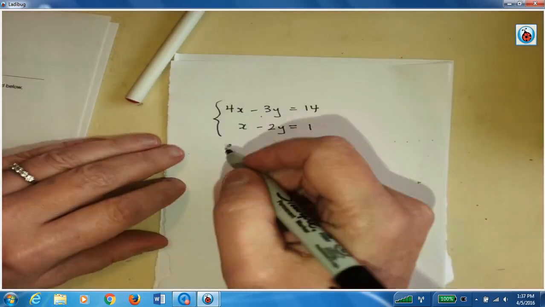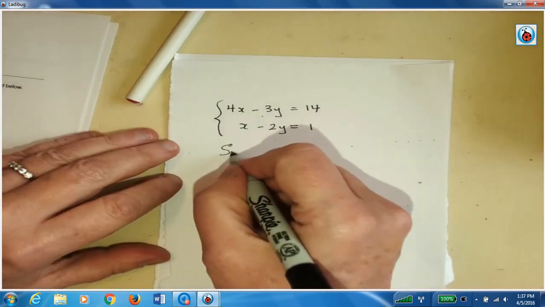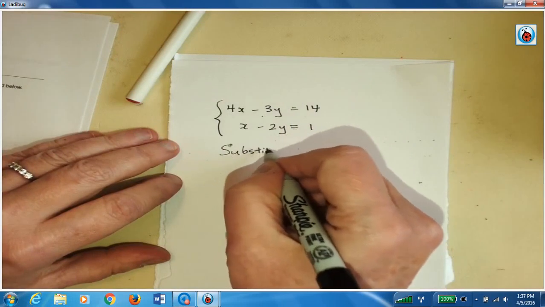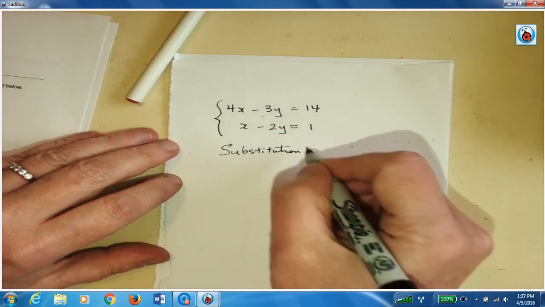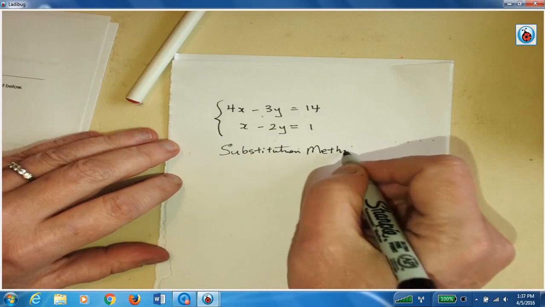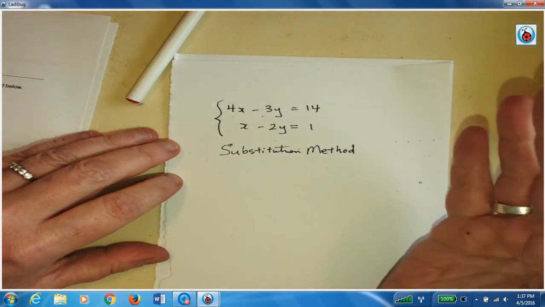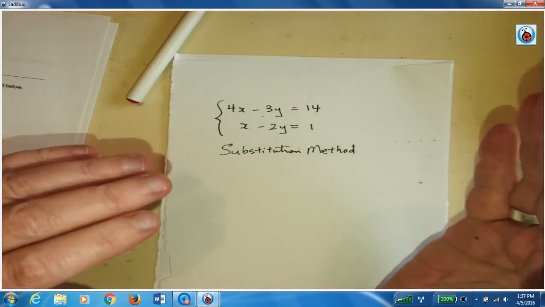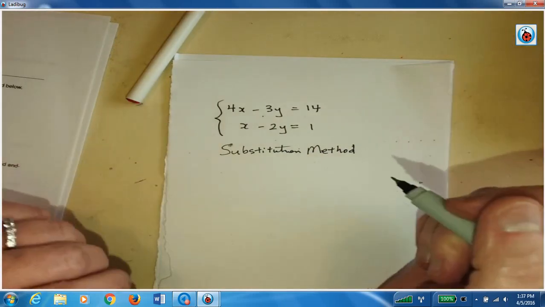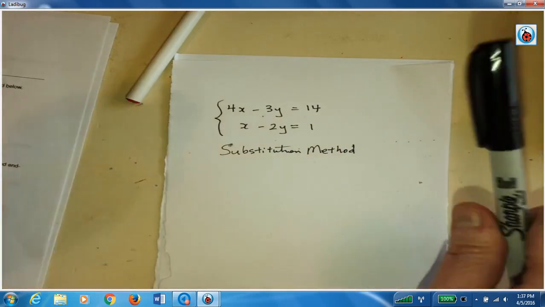Well, let's see how we would solve this using the substitution method. It's best used if you can find one of the equations and get one of the unknowns, x or y, by itself.